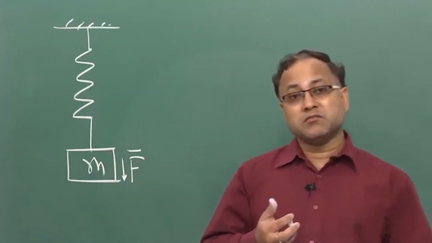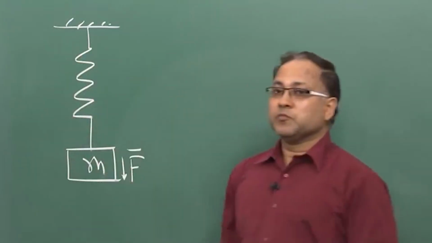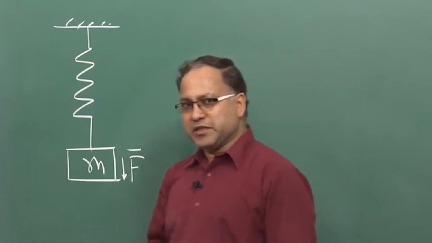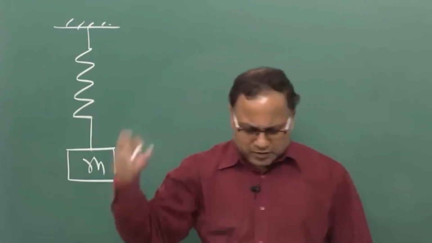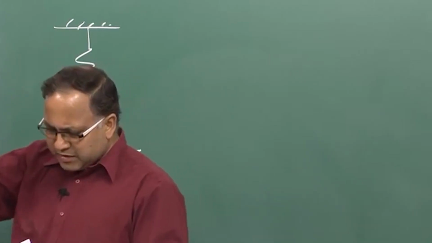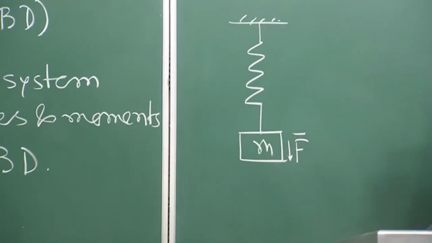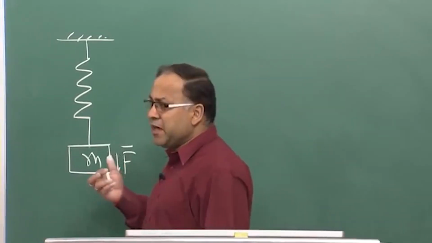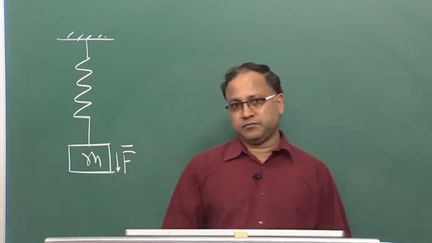Can you please tell me? In this system, there are basically two components. If I do not consider the roof or floor from where the spring is hanging, then my system has two components. The first component is the spring, and the second component is this mass.